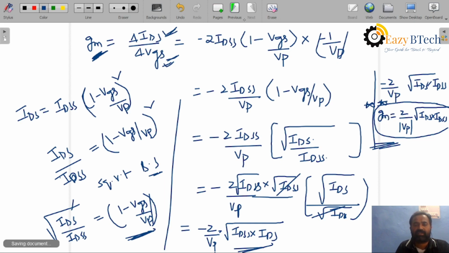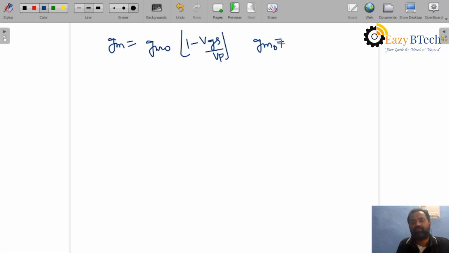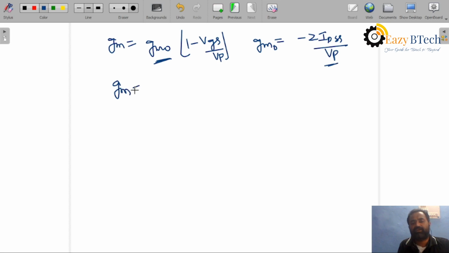The formula for transconductance we may write like this: gm is equal to gm0 into 1 minus VGS by VP, where gm0 is equal to minus 2 IDSS by VP, or gm is equal to 2 by mod VP under root IDS into IDSS.